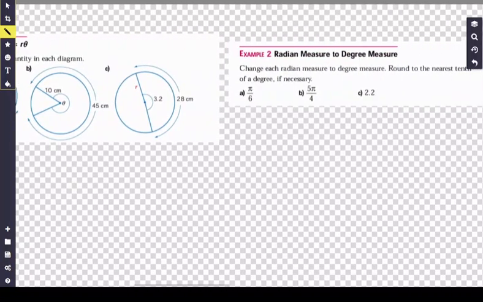Pi radians is 180 degrees. So 180 degrees divided by 6 is going to be 30 degrees. So A is 30 degrees.